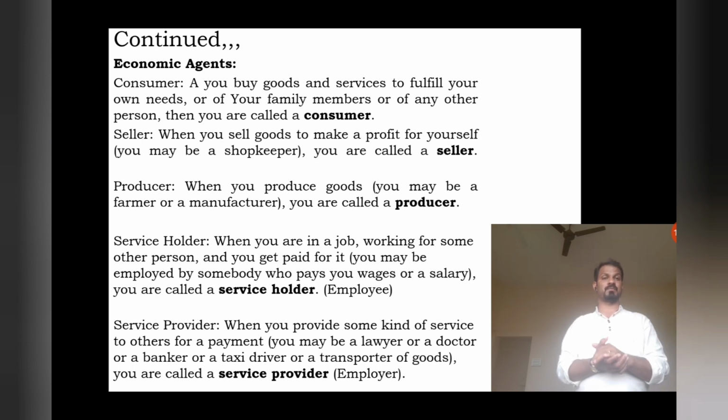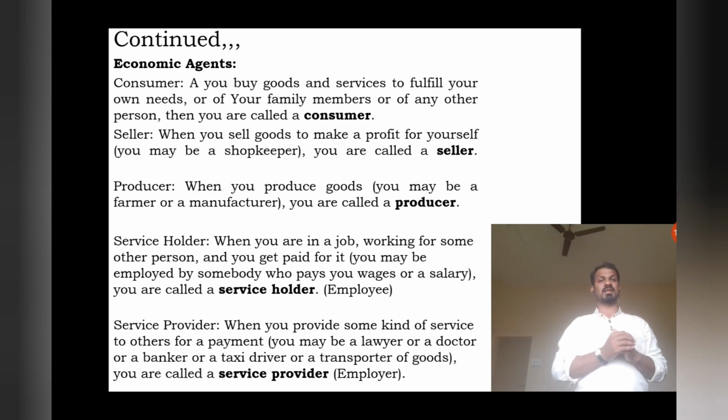Those industries producing industrial products, that is, machinery articles, and the owners of such industries are called producers.